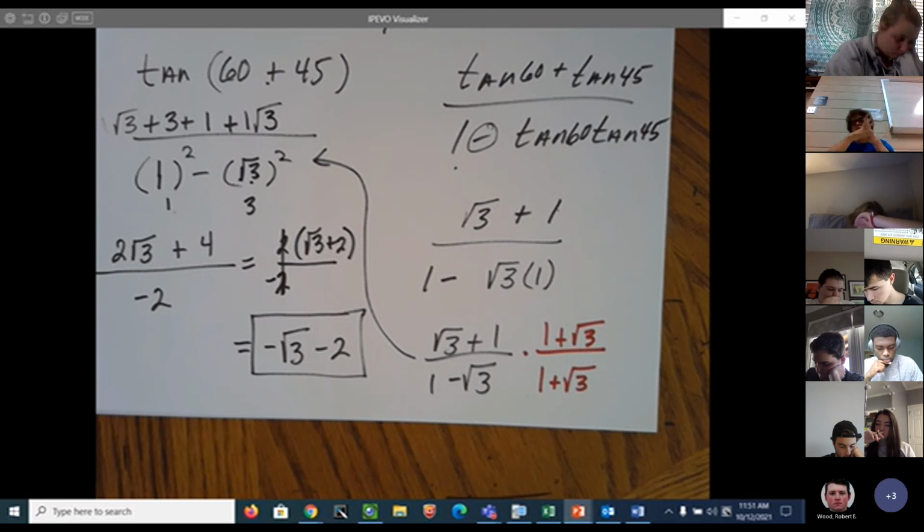Now that's 2 test questions I could give you with sine and tangent. And a lot of people say, well, Hubert, when is anybody ever going to walk up to me and ask me? Nobody's ever going to walk up to you and ask you to manipulate sine of 75 or tangent of 7 pi over 12. Nobody's going to walk up to you at a construction site and ask you that.